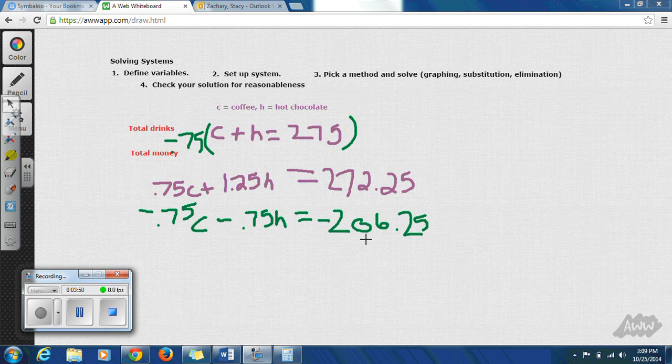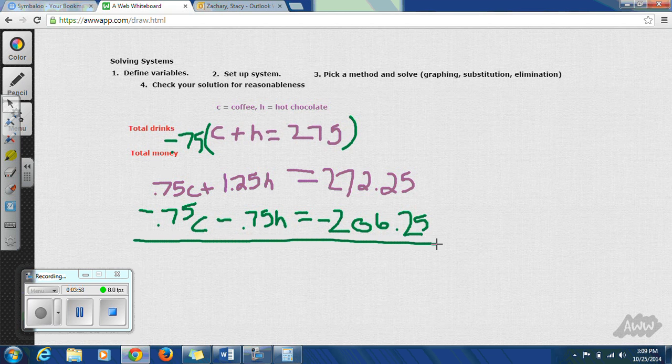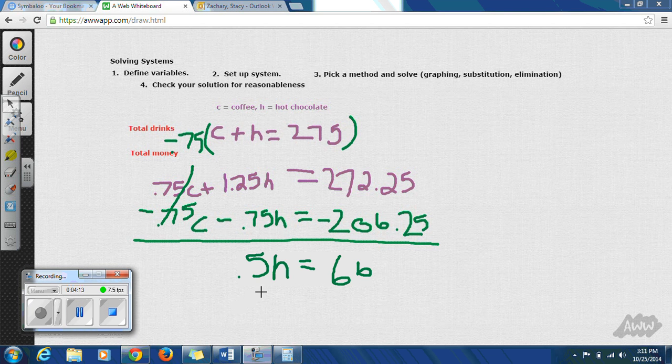Now that we've done that, I changed the total drinks equation. Here's the total money equation still. Now, in elimination, when I add these things together, these cancel out, and I'm only dealing with hot chocolate now. So $1.25 minus 75 cents is 50 cents.